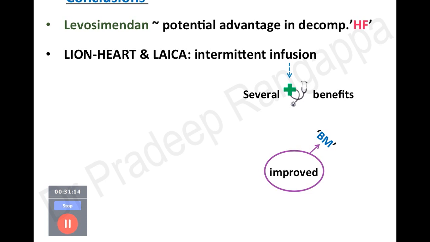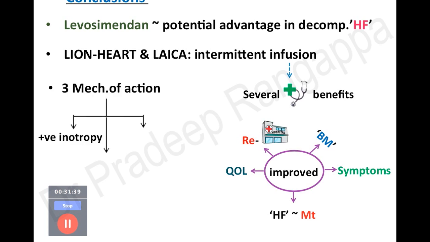And these benefits are multifactorial. It did show improved biochemical variables, biomarkers, and it did improve your readmission to the hospital. It did improve quality of life, it did improve symptoms, and it did improve heart failure related mortality. So it had a multimodal effect in showing improvement in various dimensions of healthcare indices.